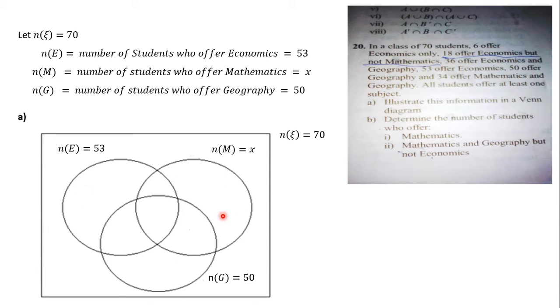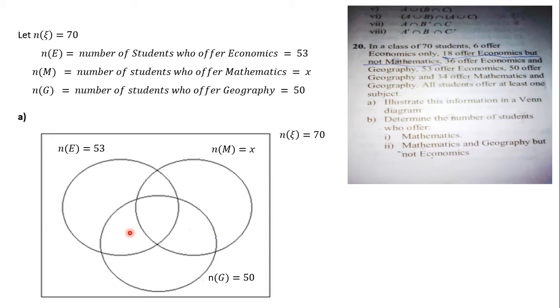1, 2, 3. Now let's go to 2 subjects only. This area is 2 subjects only. So this is economics and geography only, this is mathematics and geography only, and this is economics and mathematics only. You must also know that economics and geography only can also be described as economics and geography but not mathematics.